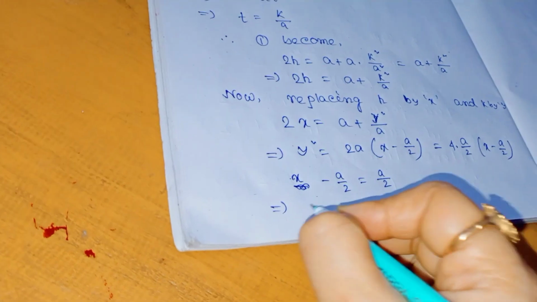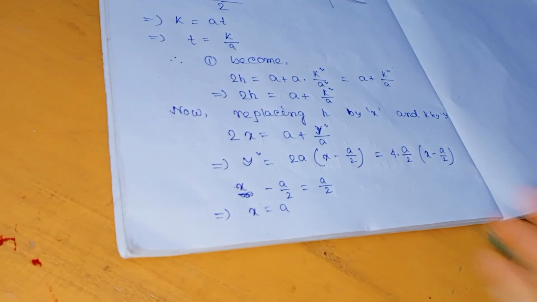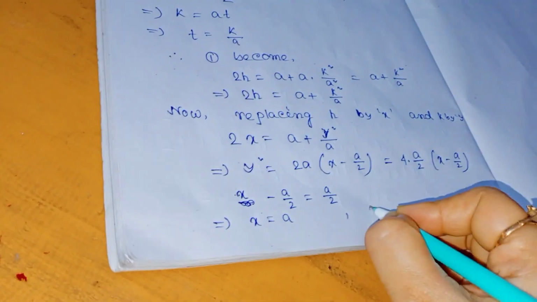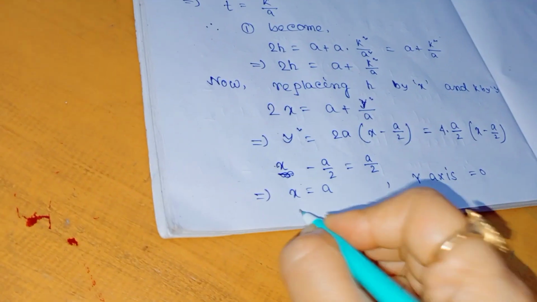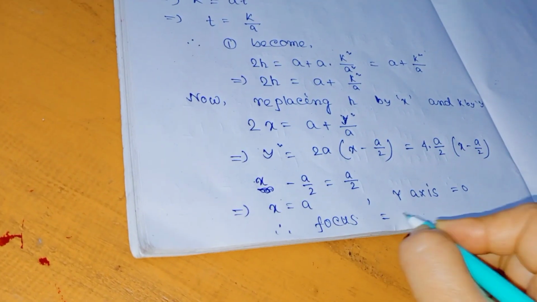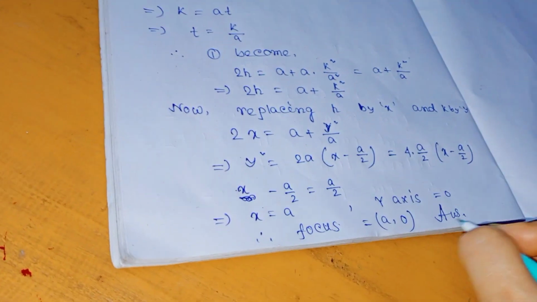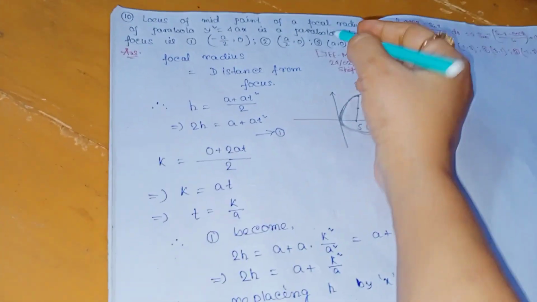That implies x is equal to a, and y must be 0. Therefore the focus is a comma 0. So we reached our required answer: a comma 0 is the focus, and option 3 is our correct choice.